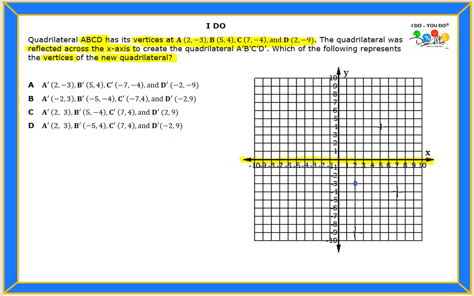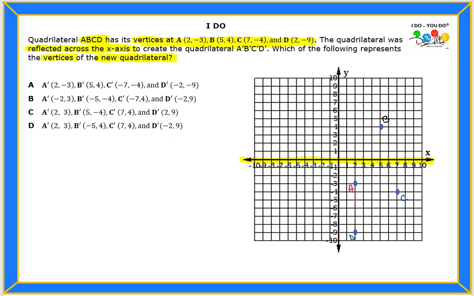Okay, and let's go ahead and label this as A. Then we have B as (5, 4), which is up here, and that will be B. Then we have C as (7, -4), which is right here, and that will be my C. And last but not least, we have D, (2, -9), which will be way down here, and that will be my D.